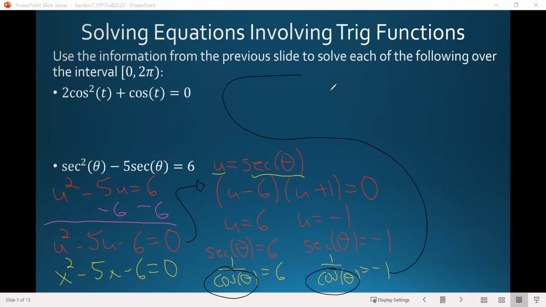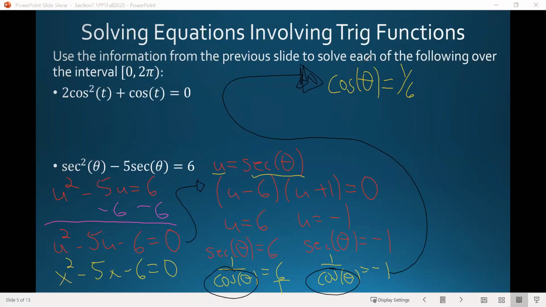The way we deal with this is we just reverse both sides, which again is legal if we do it to both sides at the same time. So for example, on this first one where it's 1 over cosine equals 6, I'll make the 6 as 6 over 1. I'll flip the left side so it becomes cosine of theta over 1, or just cosine of theta. And the 6 over 1 will become 1/6.